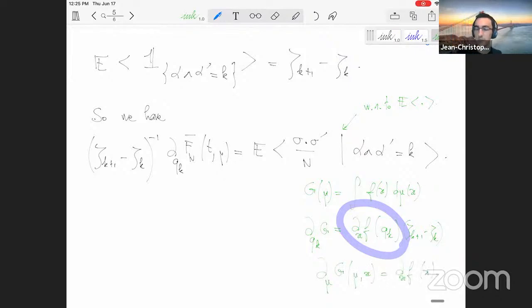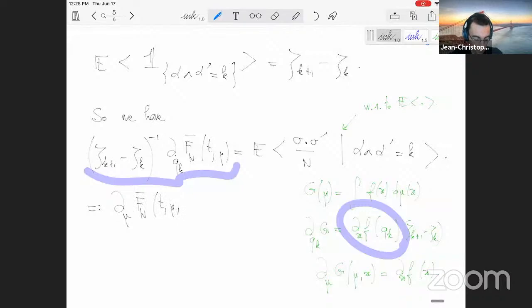I would like to say something like that. This thing on the left side has a notation. Let's say I could denote it partial mu Fn bar of t mu qk. This is just a matter of notation.